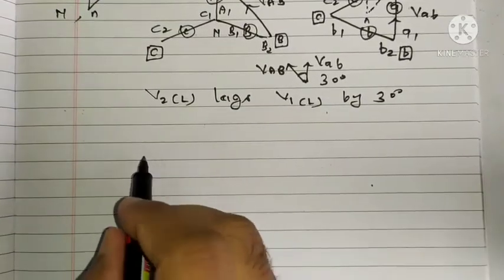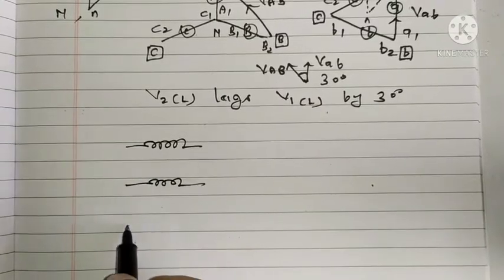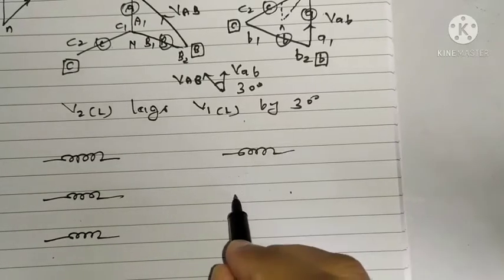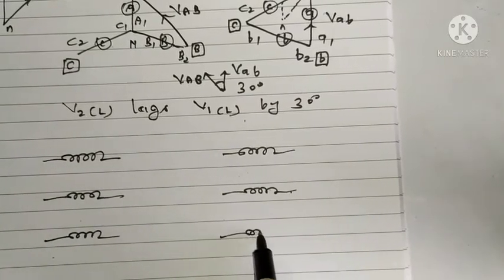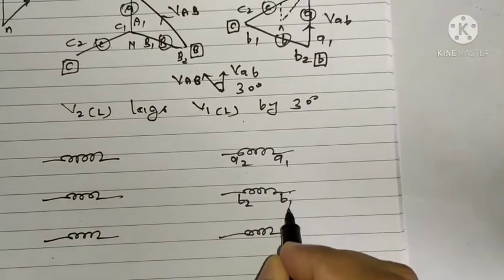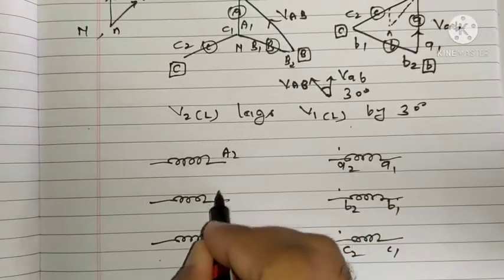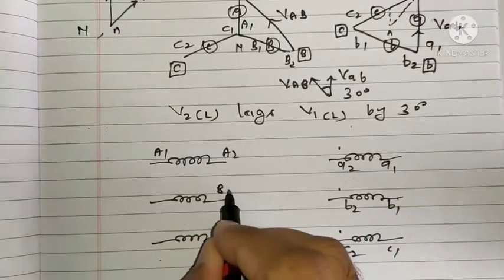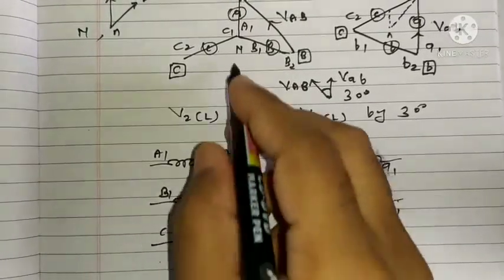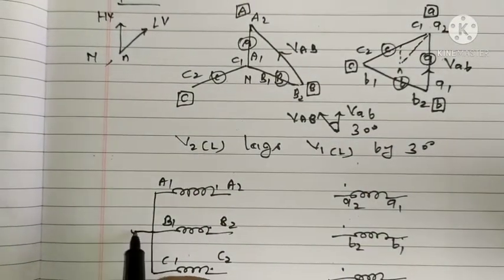In the connection diagram, so this is the winding diagram. A2 A1, B2 B1, C2 C1, and here A2 A1, B2 B1, C2 C1. A1 B1 C1 are shorted, so it will be shorted and it will be the neutral.